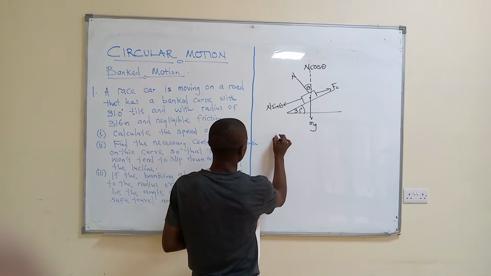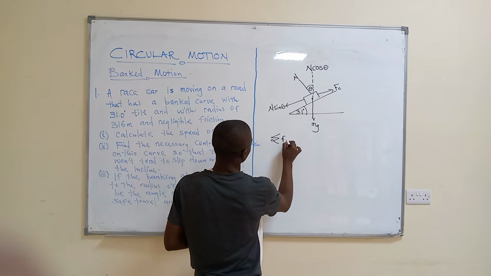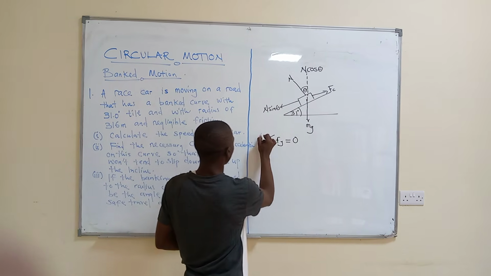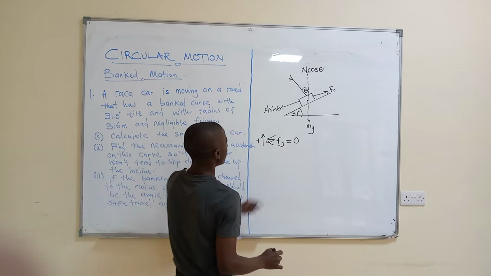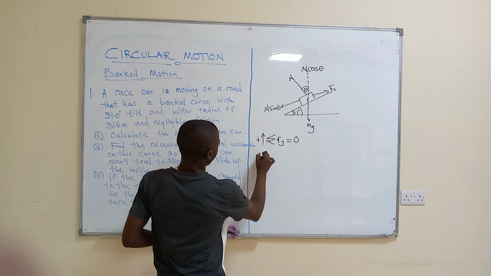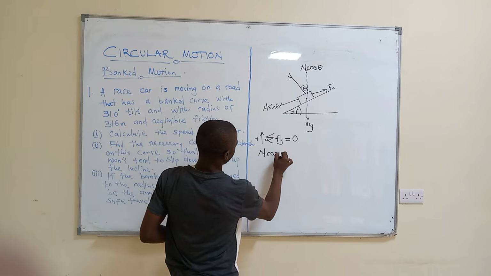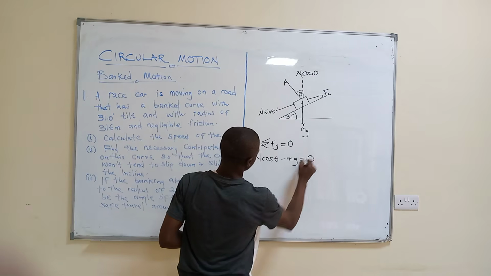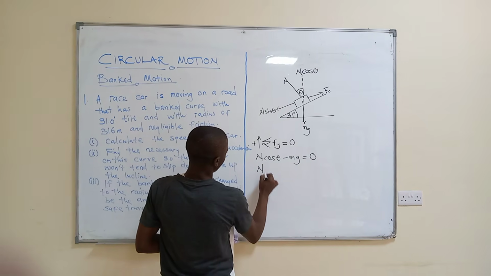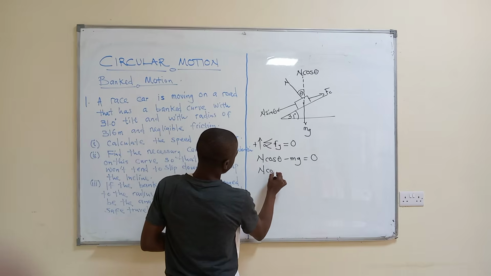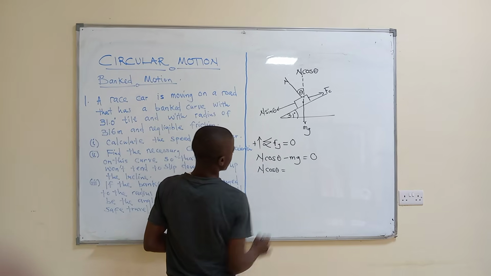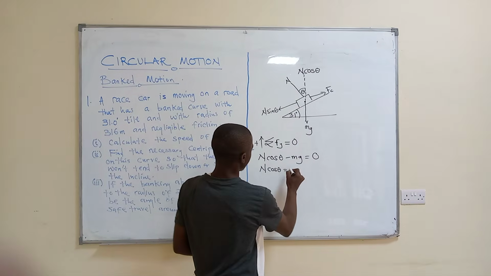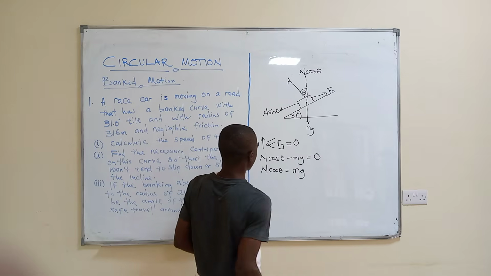So I'll say summation of forces in y-axis is equal to 0. So I'll assume going up that is positive. So I'm having n cos theta minus mg is equal to 0, where my normal times cos theta is equal to, when negative mg crosses the equal sign, positive mg.